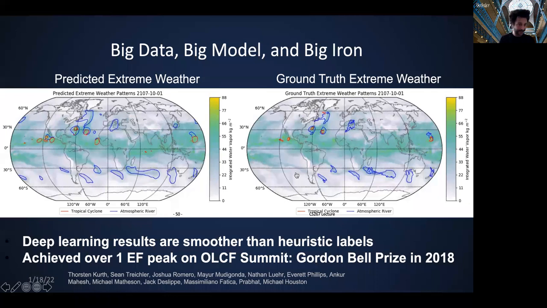And there's the ground truth that they can measure their success against. And it turned out that the deep learning results were better, meaning smoother, than the heuristically made labels that they used to use before the deep learning solution. And this achieved over again an exaop performance on the same machine, the Oak Ridge Summit machine.